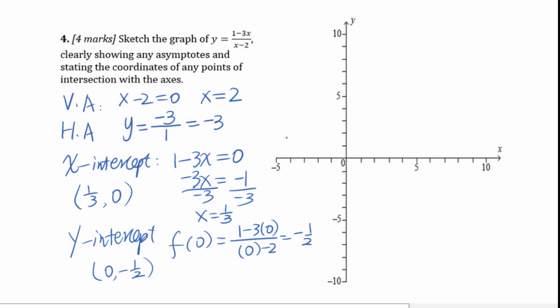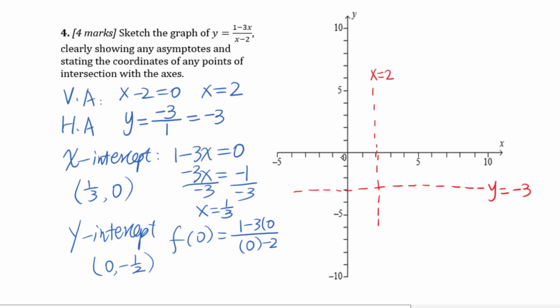We will draw the horizontal and vertical asymptote lines first. Then for the x-intercept, 1 over 3, 0. For the y-intercept, 0, negative 1 over 2 is here. Label negative 1 over 2. Then you can sketch the graph.